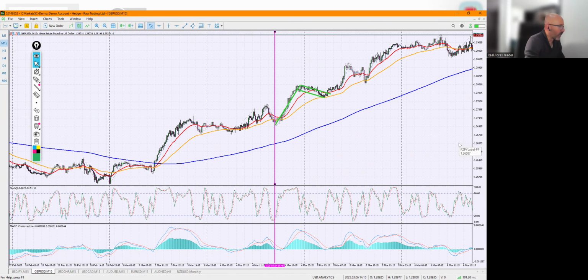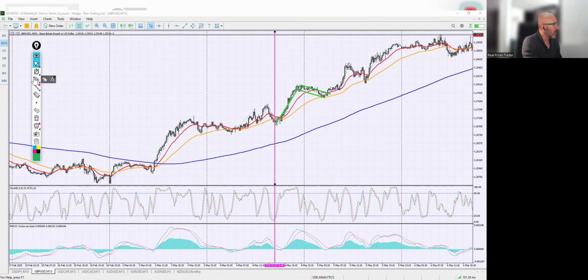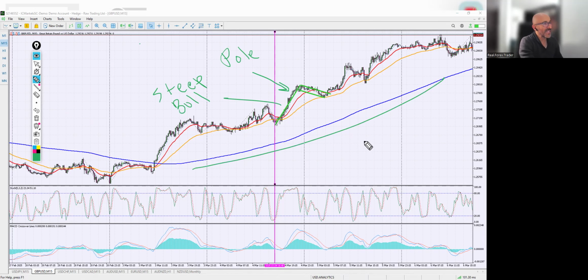So as I mentioned before, what you have to check in this area, right, is basically the pole. Okay? It's steep, right? This is a steep bullish momentum. Of course, you can observe in here that the trend is clearly upwards, right?